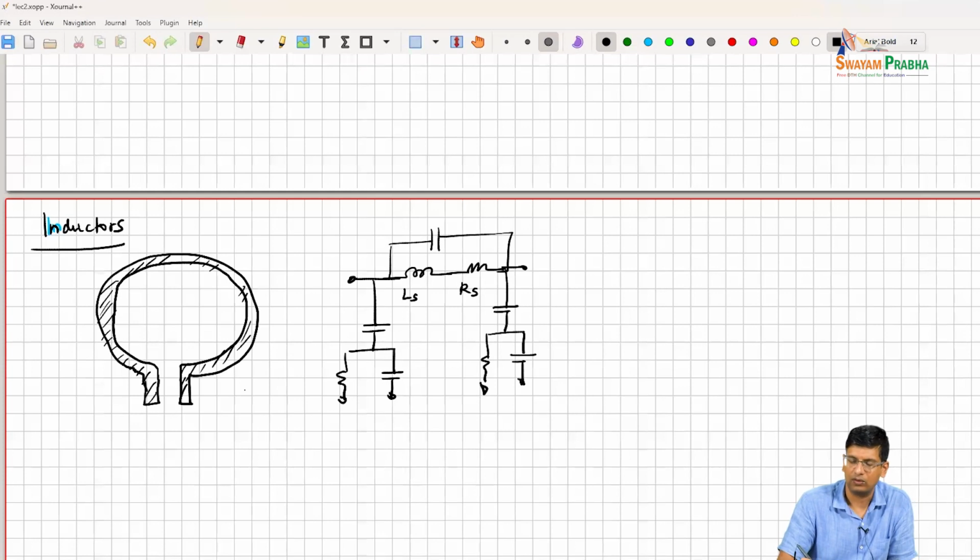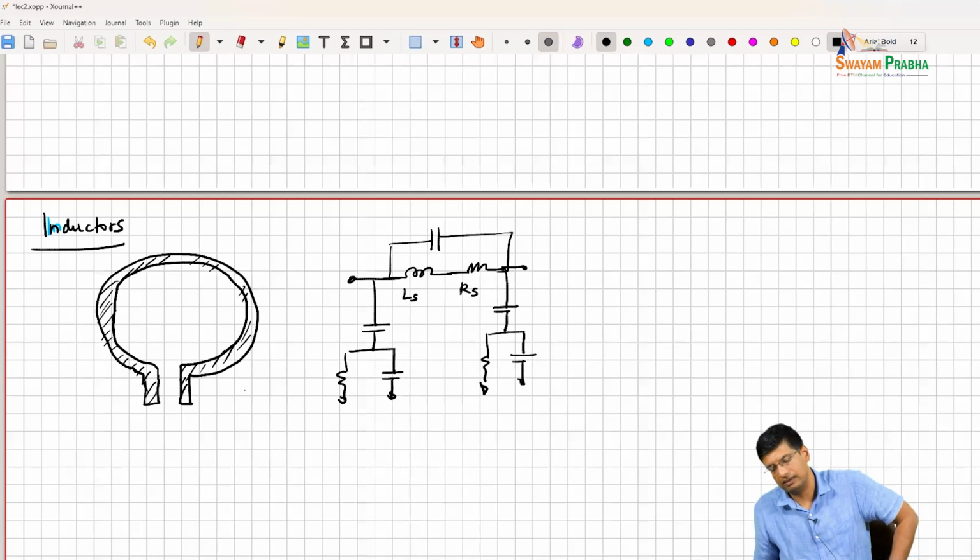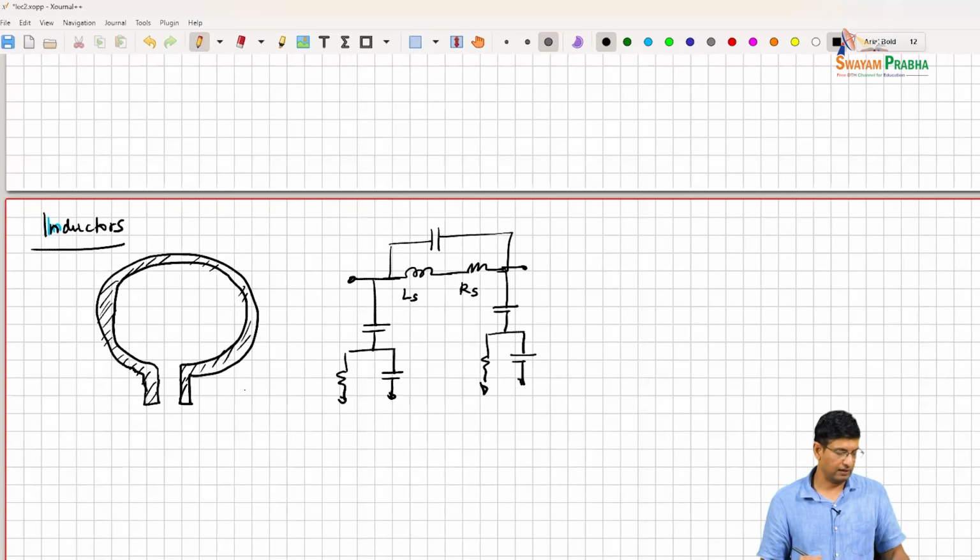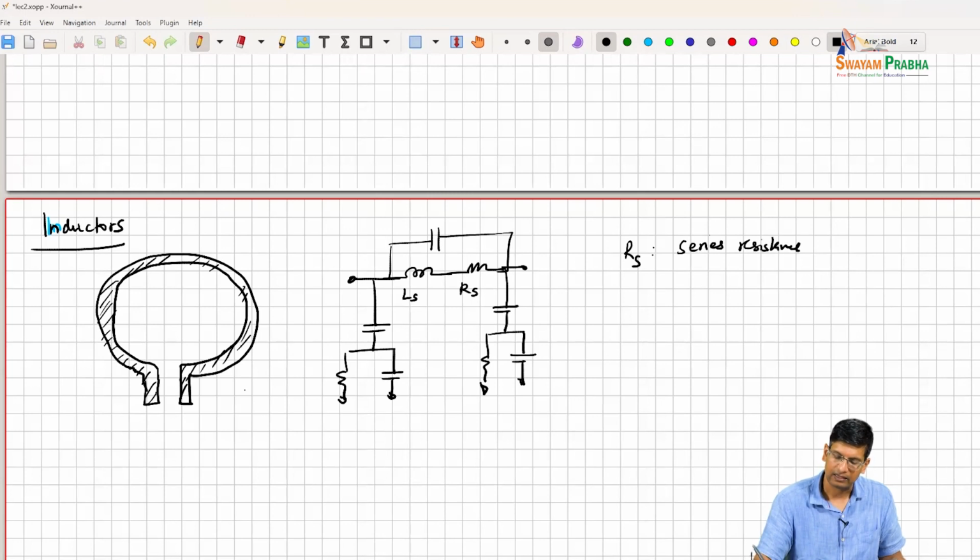And this RS is the series resistance, and it comes from both the wiring resistance associated with the metal wire itself, and also from the substrate losses that happen because eddy currents get set up in the substrate.